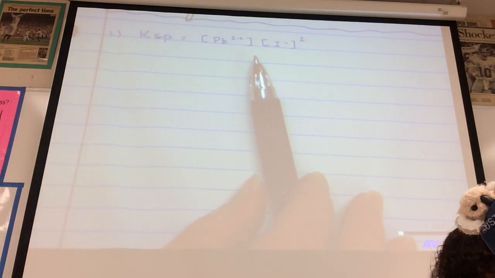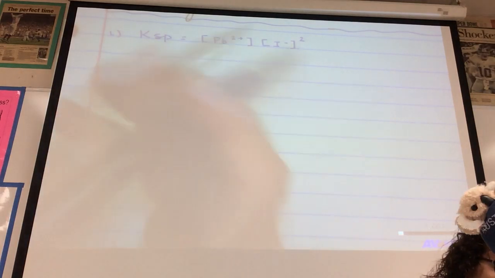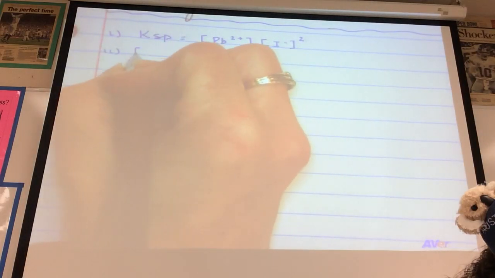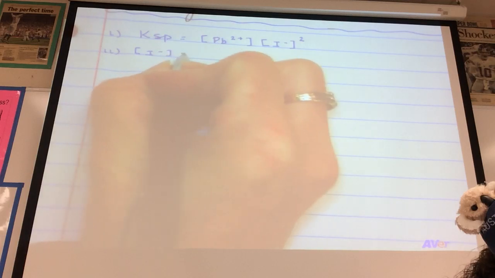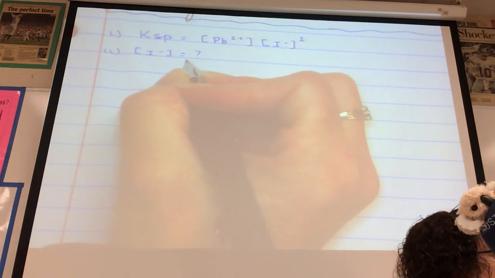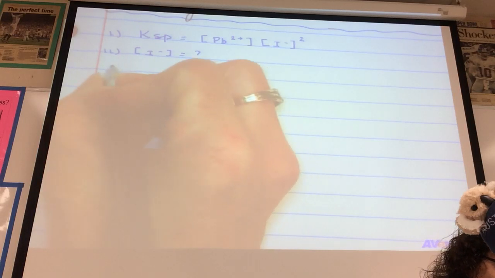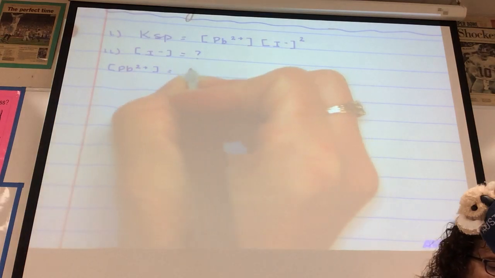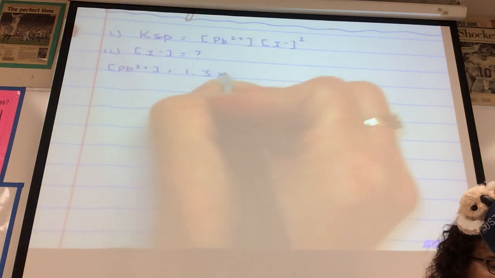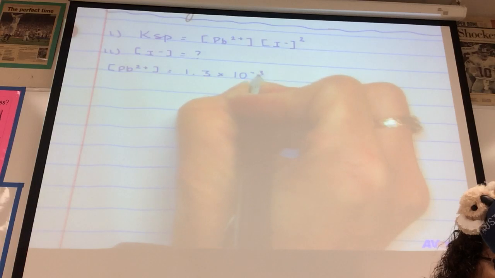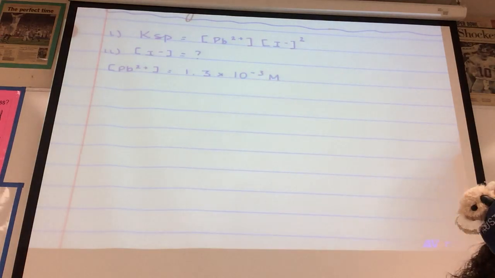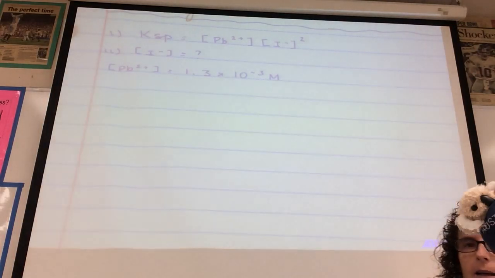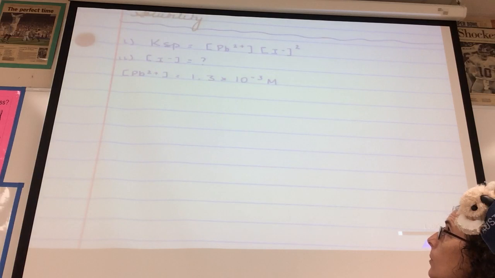Okay. The next question is to calculate the concentration of iodide ion. They tell you that the concentration of lead-2 ion is 1.3 times 10 to the negative 3 molar. And they want to know the concentration of iodide ion.